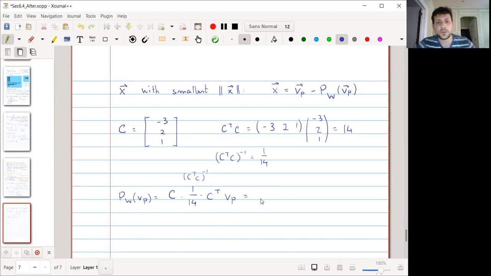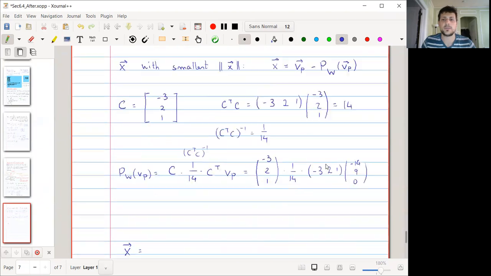Let's write out all of these things. C is the vector -3, 2, 1, times 1 over 14, times the row vector -3, 2, 1, times the vector Vp, which is -14, 9, 0, if I remember correctly. Yes, that's what it is.